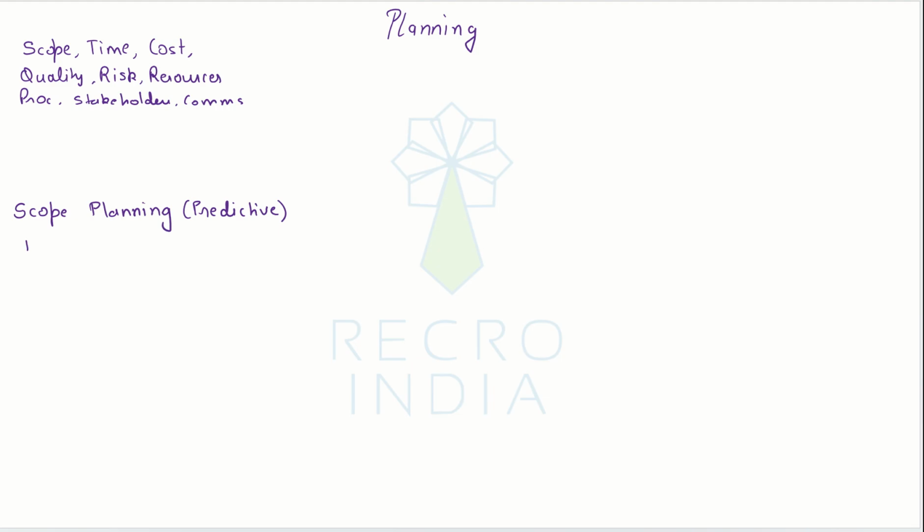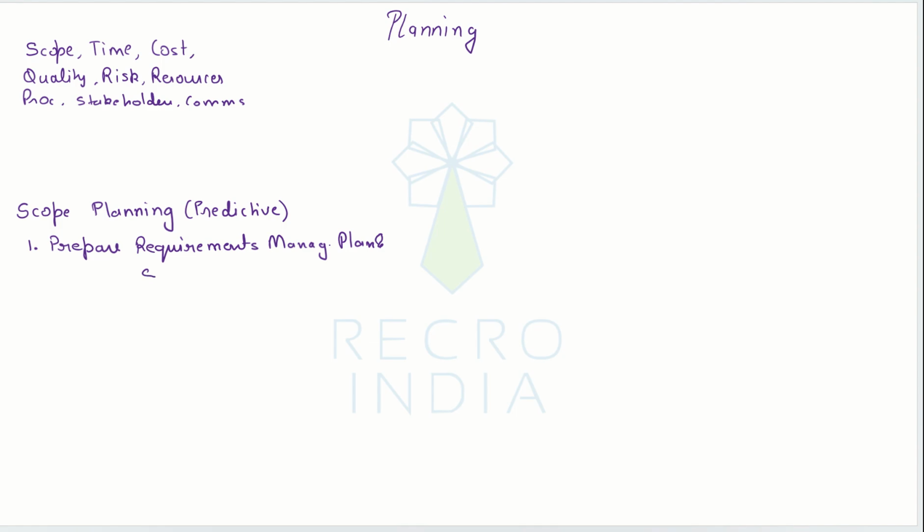Fundamentally speaking, there are 4 steps that we have to carry out. First is to prepare a requirements management plan and a scope management plan.